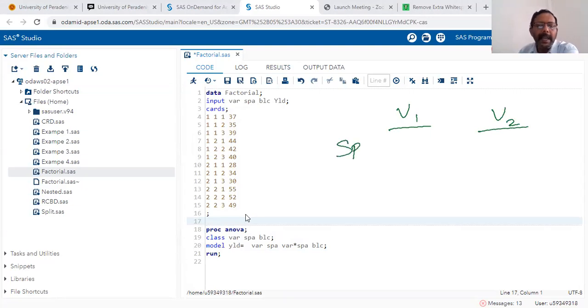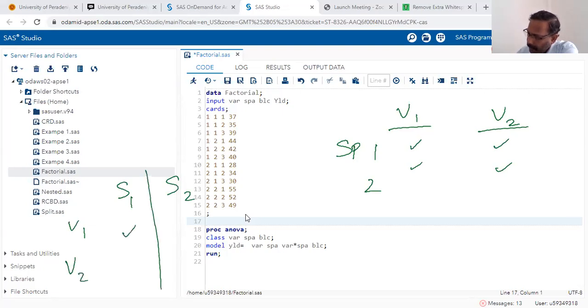How many spacing are there? How many varieties are there? 2 spacing and 2 variety, right? So spacing 1, spacing 2. So we can explain like this. Or we can explain spacing 1, spacing 2, variety 1, variety 2. Like this.